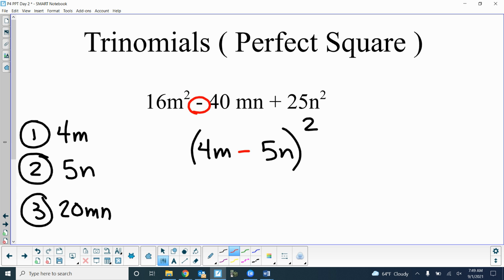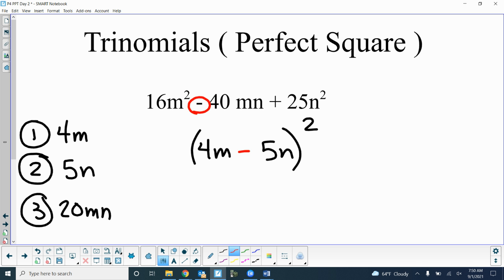But, like I said, if you don't recognize it's one of those and do it like a regular trinomial, like we've been doing, it'll still come out. You'll just have a 4m minus 5n times a 4m minus 5n. You'll see that twice. Okay? Regular trinomial, we would have multiplied 16 times 25, right? You got 400.